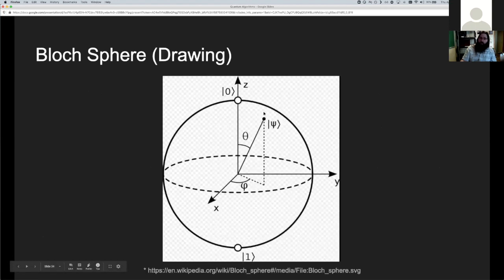This is a drawing of the Bloch sphere that is in a lot of the textbooks and the literature. Once you read a bit more into what it's trying to do, it really helps. You can see there's this physical thing here, I can measure angles based on that, and I can rotate things.